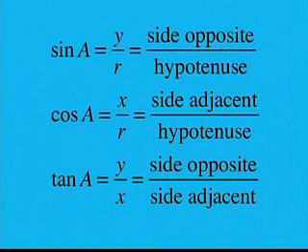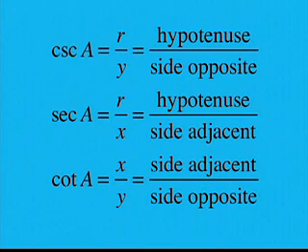In that case, the sine of angle A is equal to, well, we know it's y over r, but in particular for the right triangle, it's the side opposite over the hypotenuse. For the cosine of angle A, it's the side adjacent over the hypotenuse. And for the tangent of A, it's the ratio of the side opposite to the side adjacent.